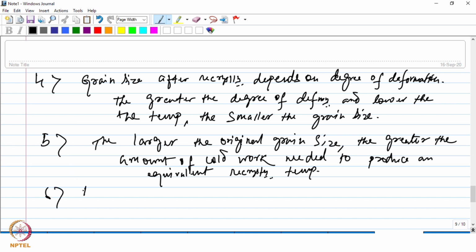The recrystallization temperature decreases with increasing purity of the metal.